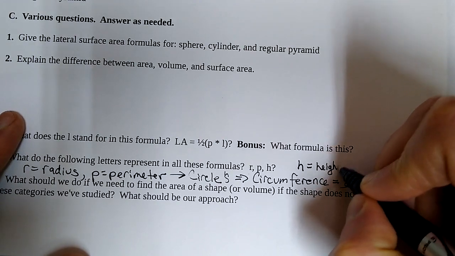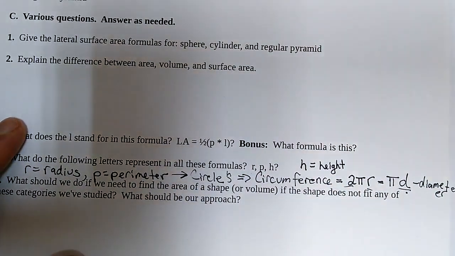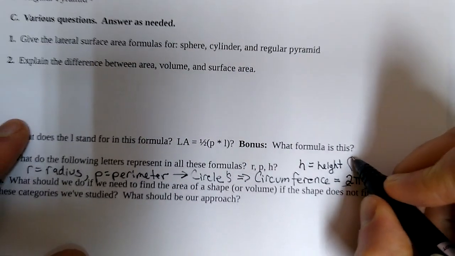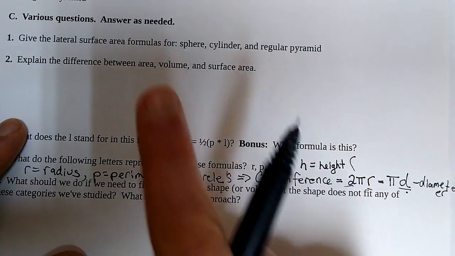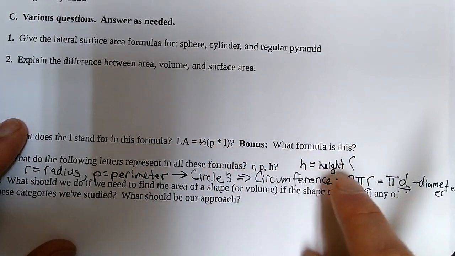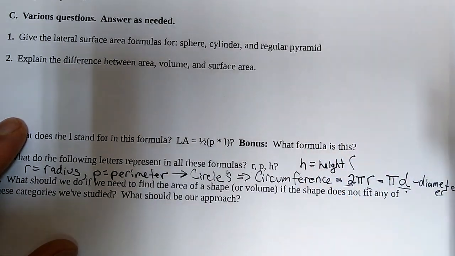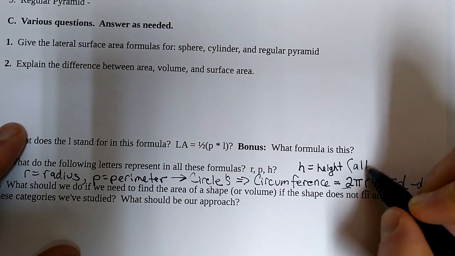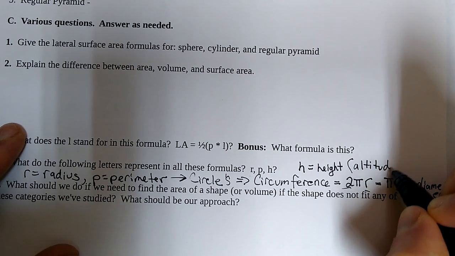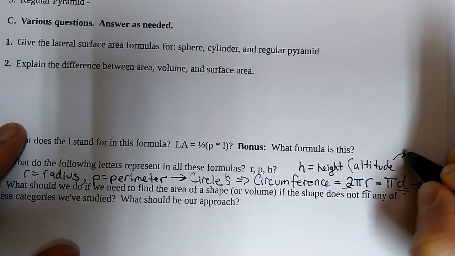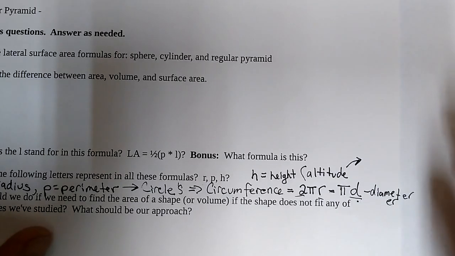And be careful here. Height is not just what we always think of as height. What this really means in all of these formulas, both for area and for volume, the height is an altitude of some kind. Okay, so it's the distance from, remember your definition of altitude. If you don't, you can go back and look at this in your geometry book.